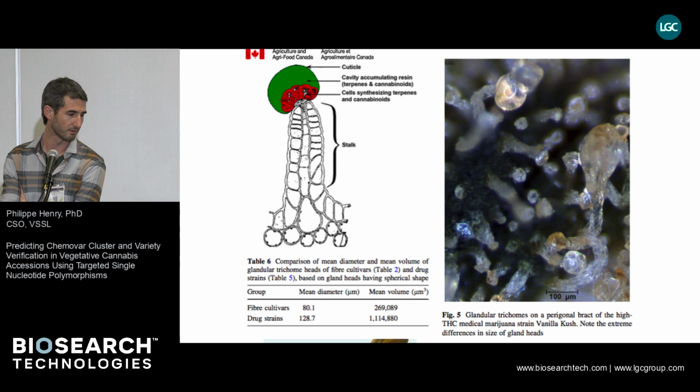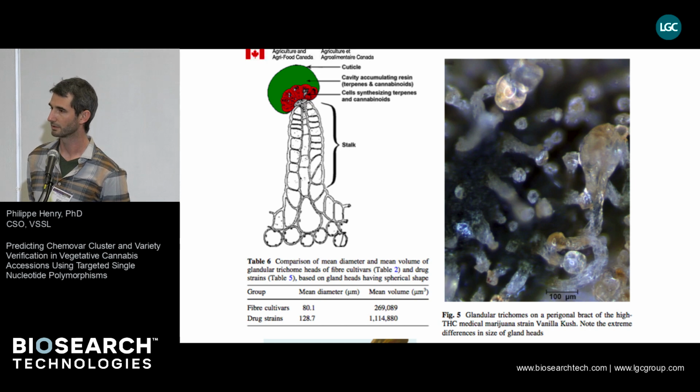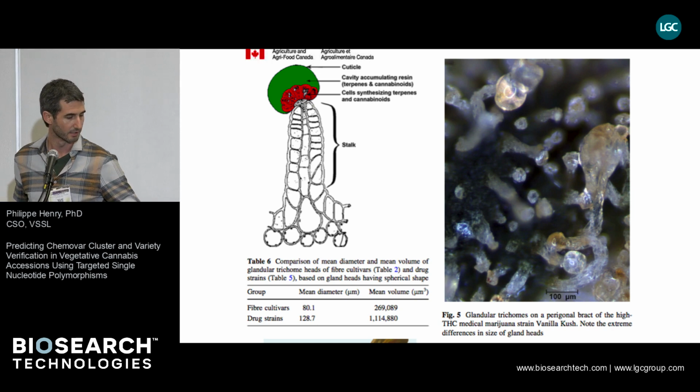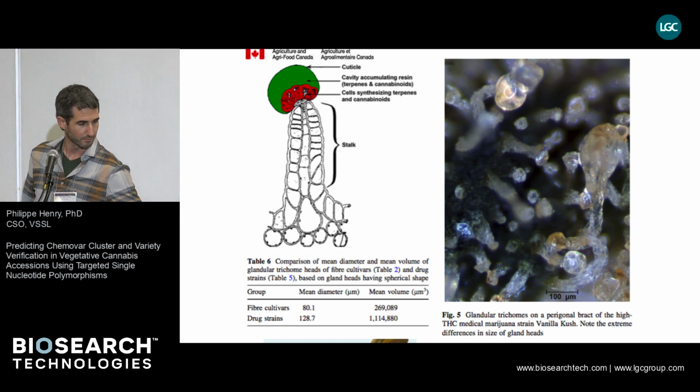You can see here that you have about 1.6 times larger trichomes found on average in drug type cultivars than you find in fiber type varieties. This is most likely due to the divergent selection for these particular traits, where the genes underlying the production of cannabinoids and resin production haven't been favored or selected for in fiber type varieties.